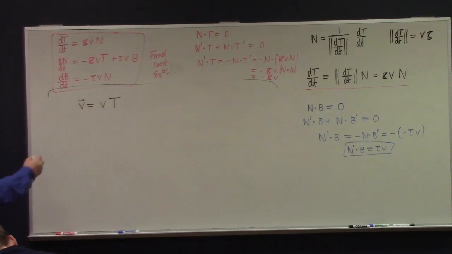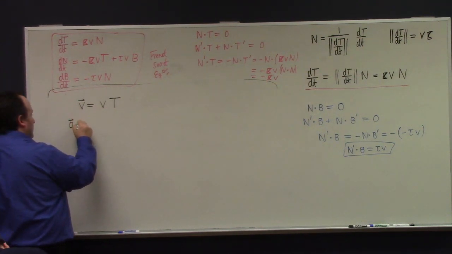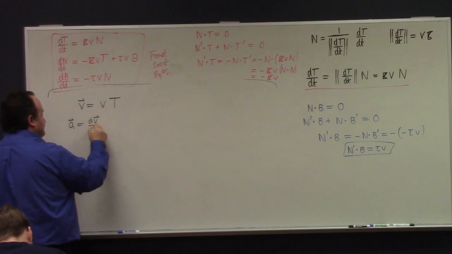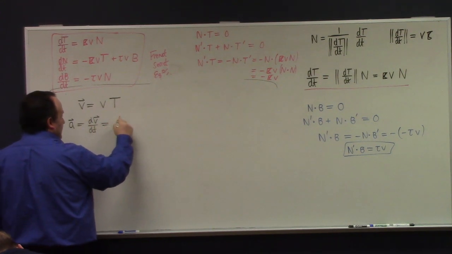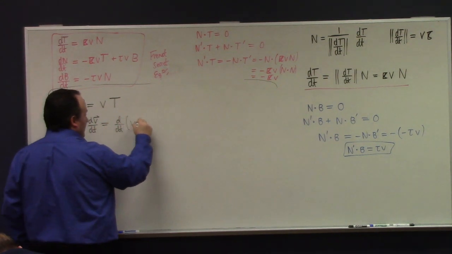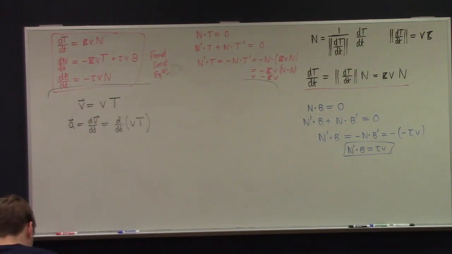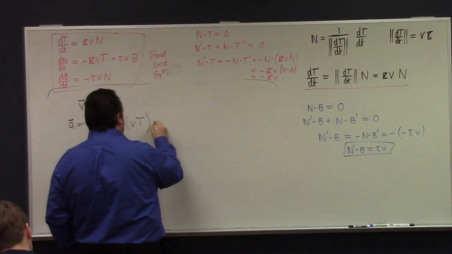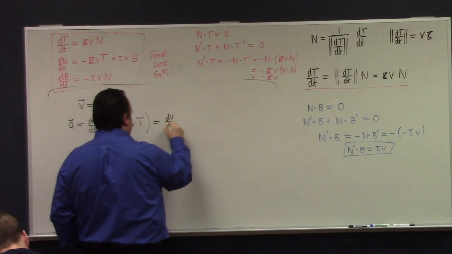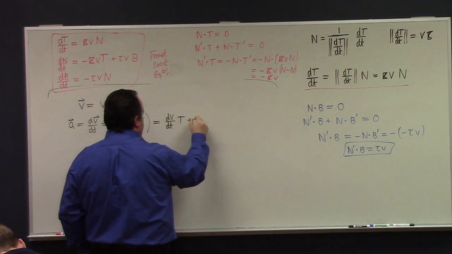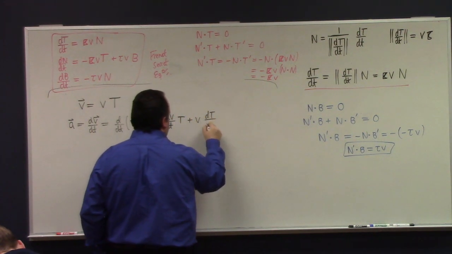Differentiate that, what do you get? Acceleration is dv/dt. But that is d/dt of vT. And unlike the helix, generally the speed is not constant. So we have to do the product rule. What that gives us is dv/dt times T plus v times dT/dt.